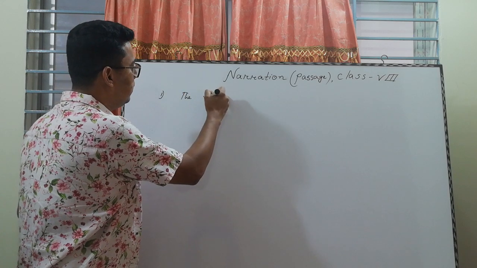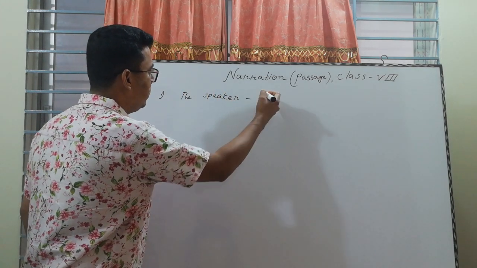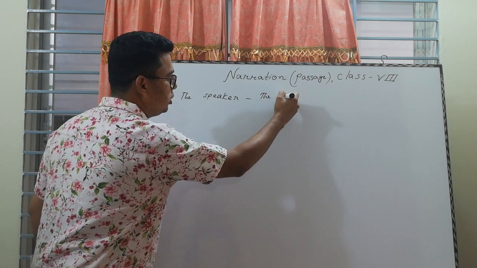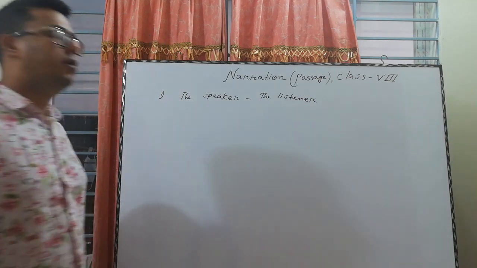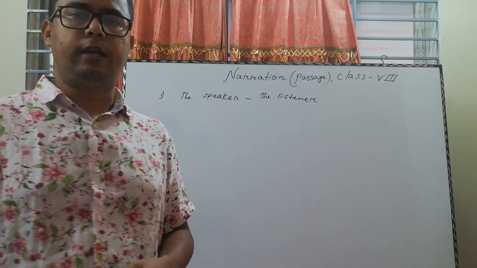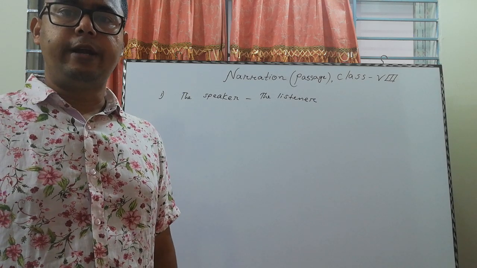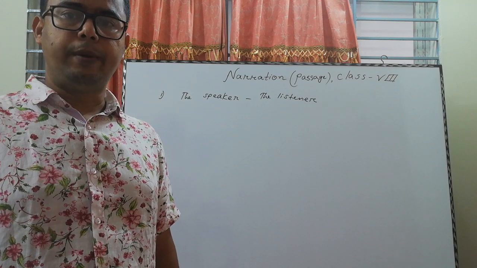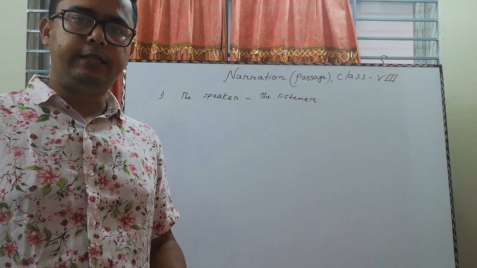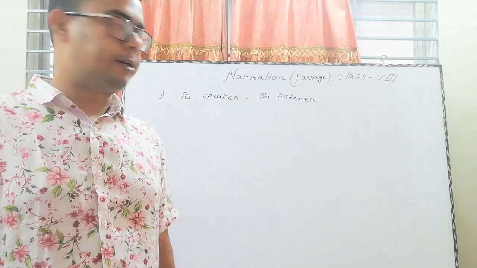If you can't identify the speaker and listener, you cannot solve the passage narration. So it is most important for you to identify the speaker and listener from a passage. Then it is easy for you to do the passage in a very smooth manner.